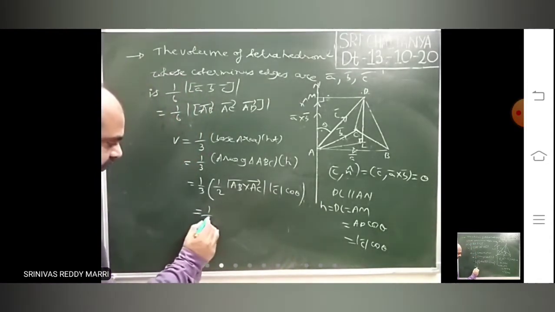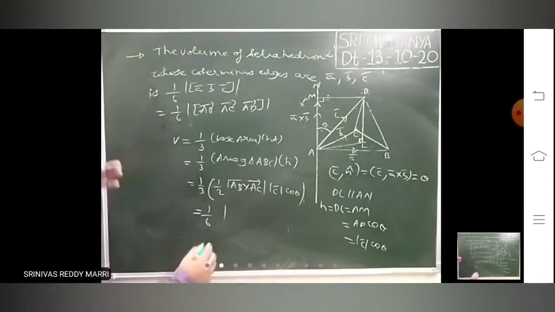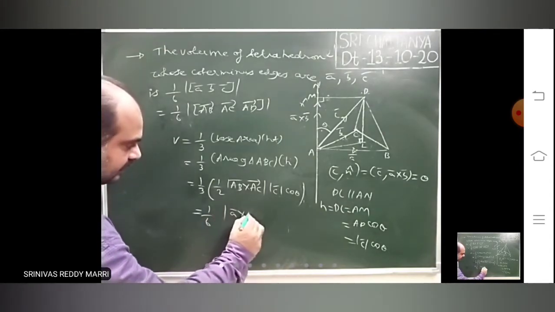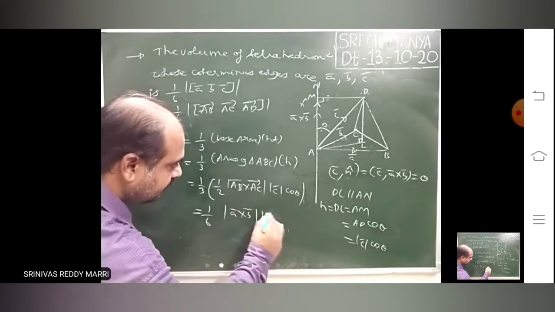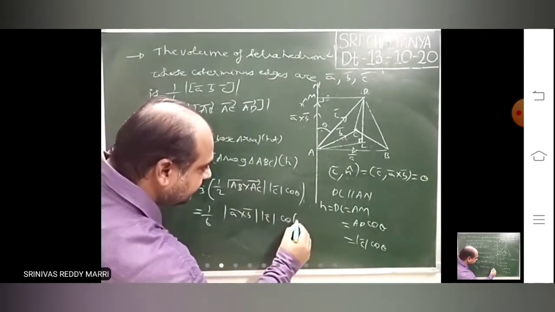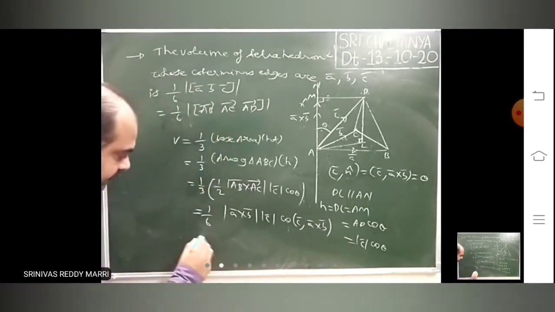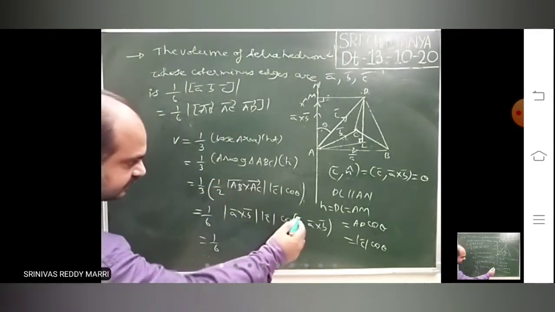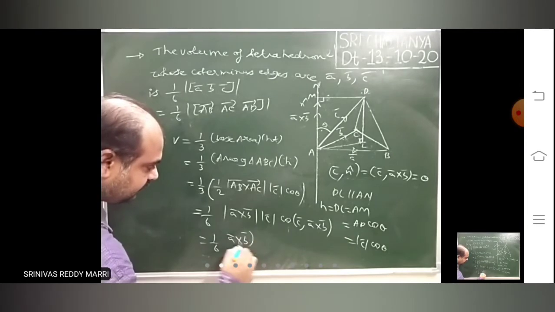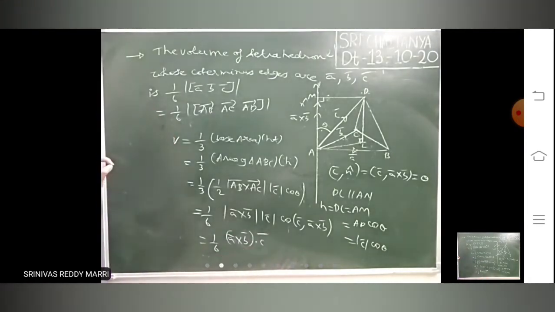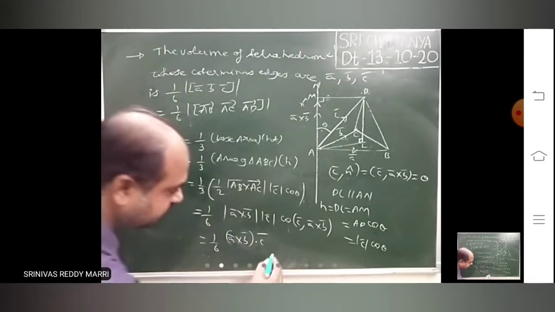So 1/6 into A bar cross B bar, modulus C bar into cos of the angle between them. According to the definition, that is nothing but A bar cross B bar dot C bar. Now this is the volume.